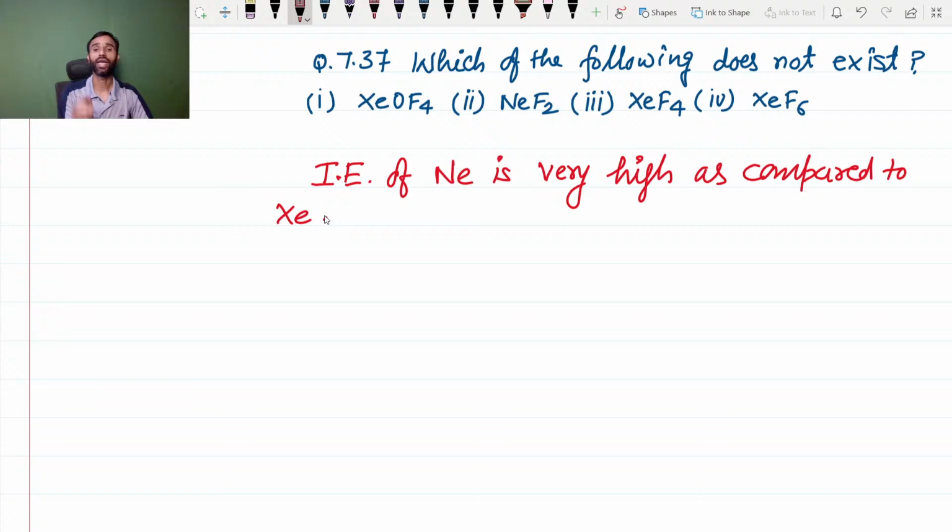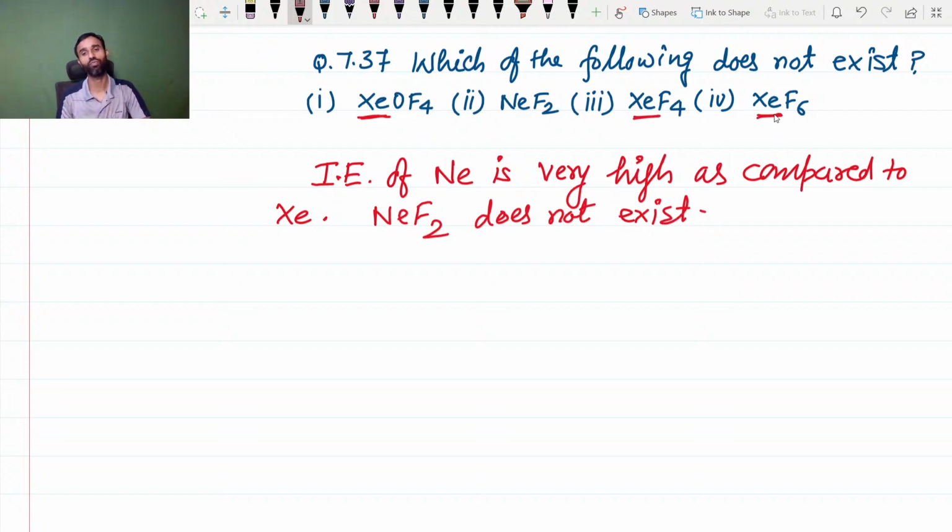That's why NeF2 does not exist, because neon does not form bonds. So neon compounds do not exist. NeF2 does not exist, right? The rest of the compounds are of xenon, so they do exist.